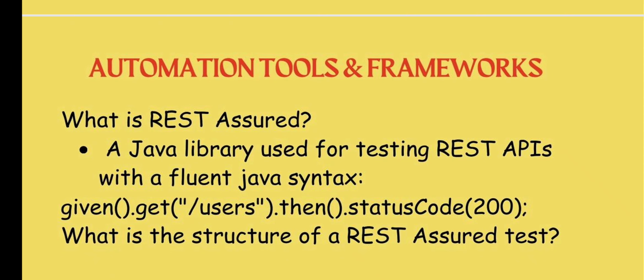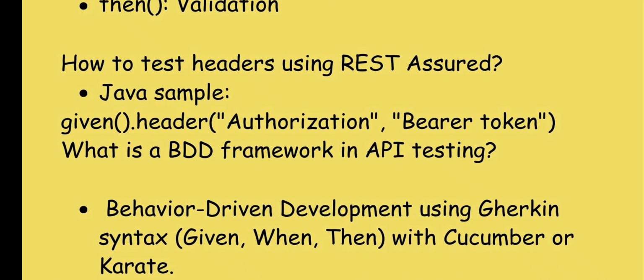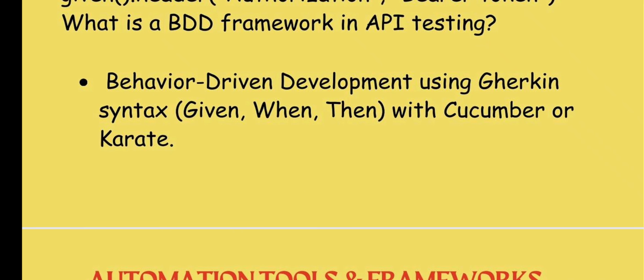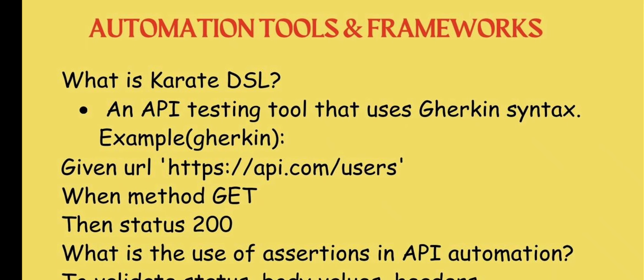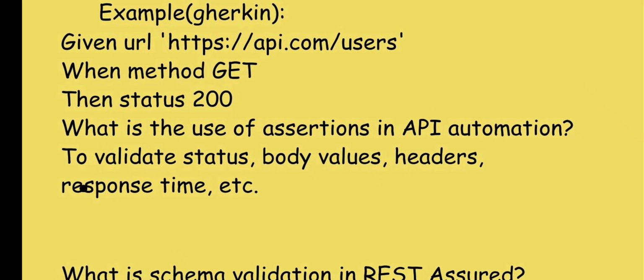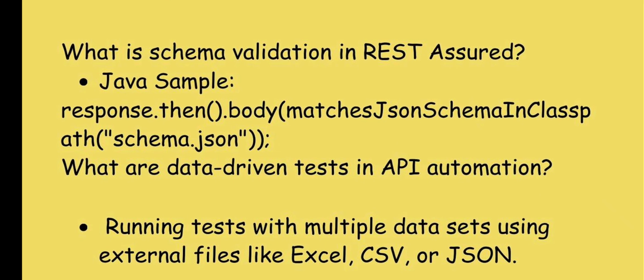What is REST Assured? What is the structure of a REST Assured test? How to test REST headers using REST Assured? What is the BDD framework in API testing? What is Karate DSL? Okay. What is the use of assertions in API automation?